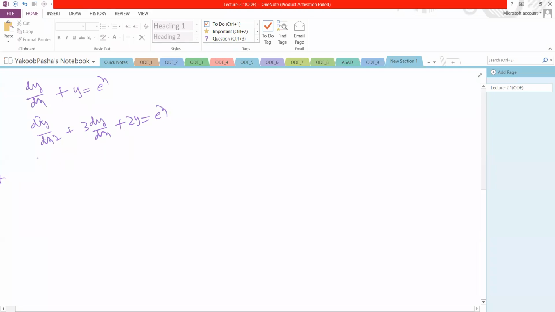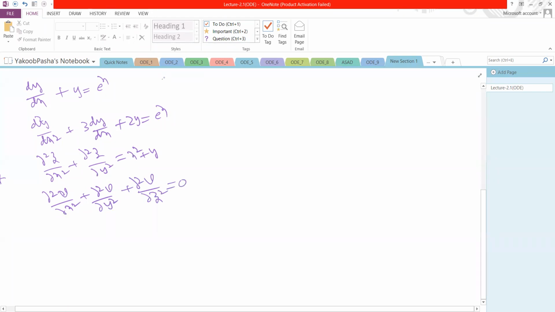I am taking another example, dou square z by dou x square plus dou square z by dou y square is equal to x square plus y. And another example, dou square v by dou x square plus dou square v by dou y square plus dou square v by dou z square is equal to 0.